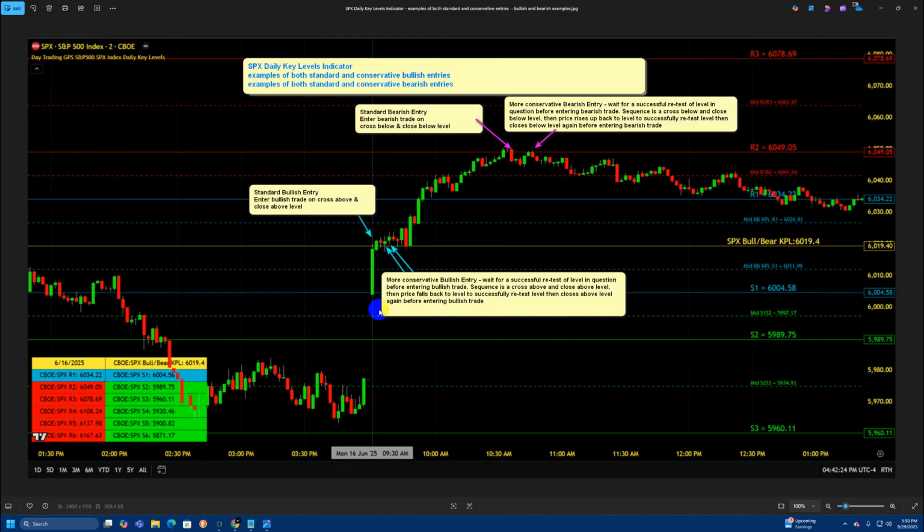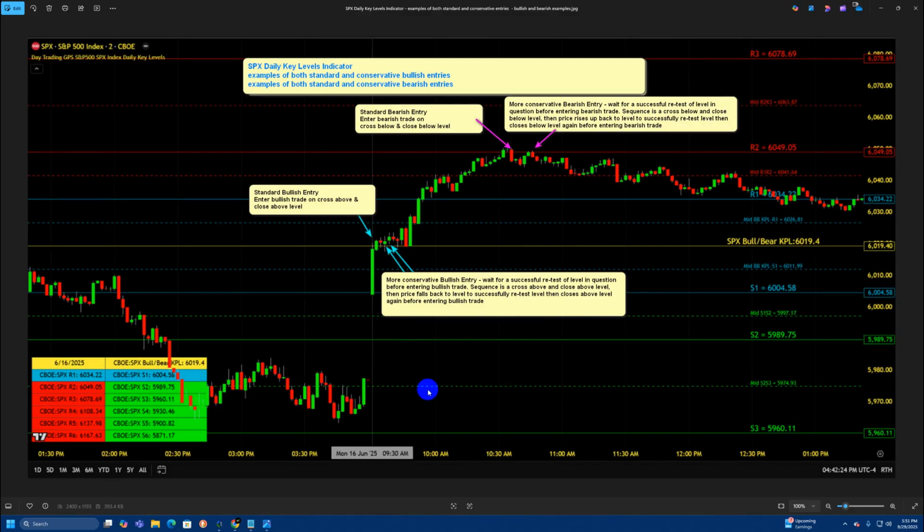So if this price action was happening down here on this S2 level instead of here on this BB-KPL level, then it would be the same sequence. Cross above, close above, that's your standard entry. Cross above, close above, then retest and close back above, that's your conservative successful retest entry.